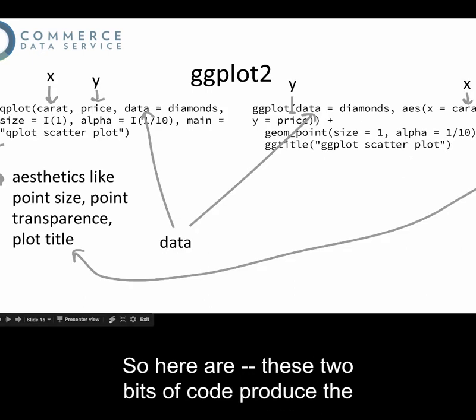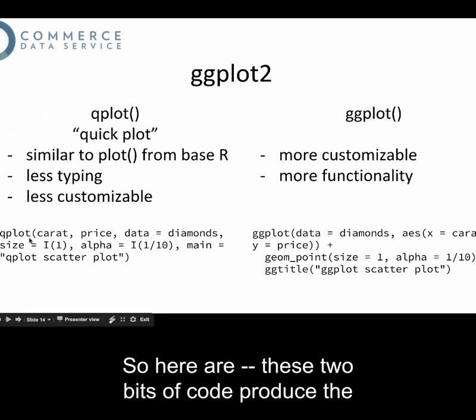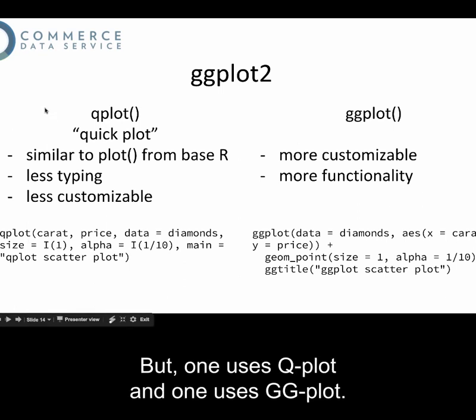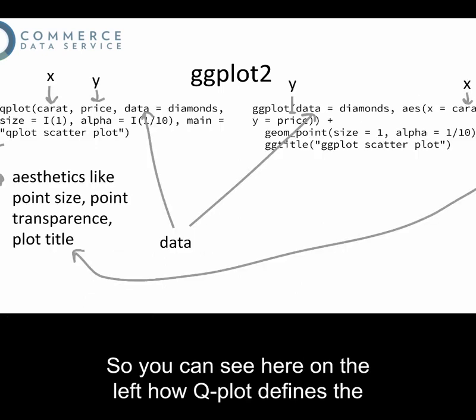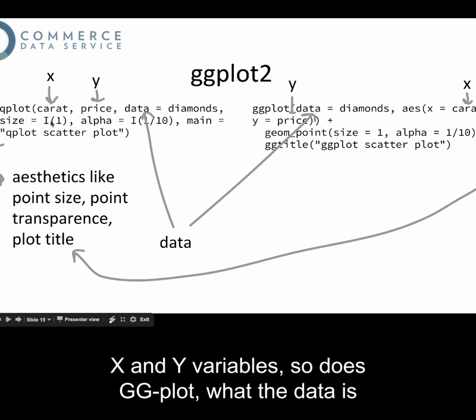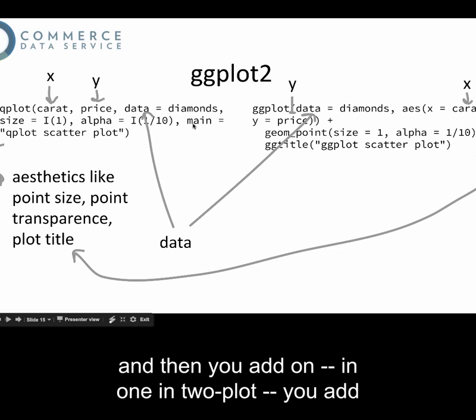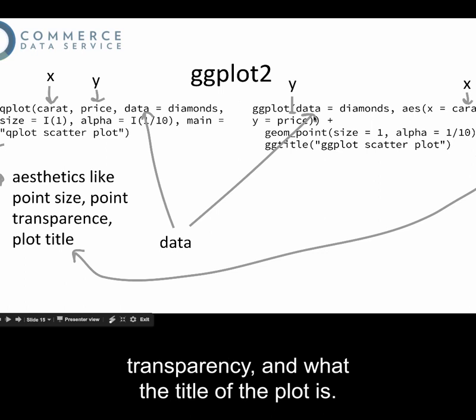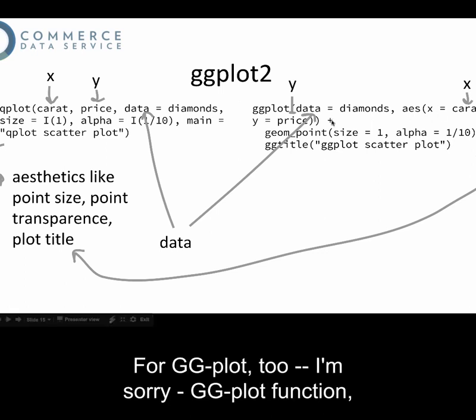So here are these two bits of code that produce the exact same output, but one uses qplot and one uses ggplot. So you can see here on the left how qplot defines the x and y variables, so does ggplot, what the data is, and then in one line in qplot, you add on the aesthetics like the point size, the alpha or the transparency, and what the title of the plot is.